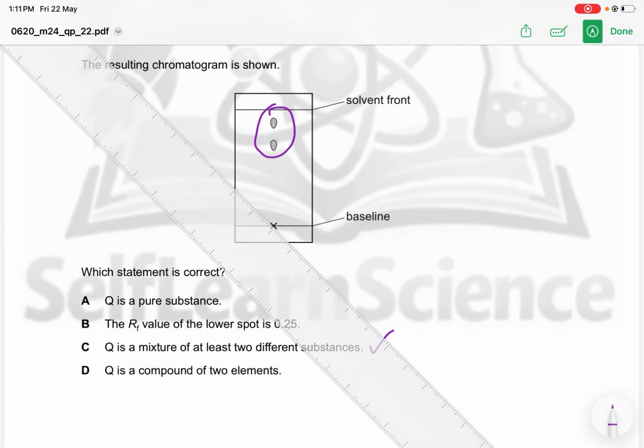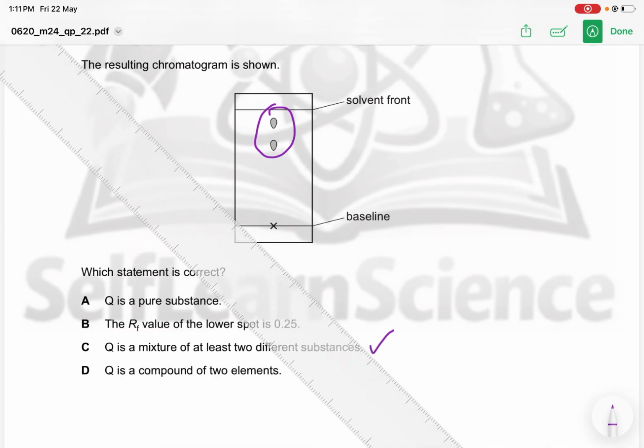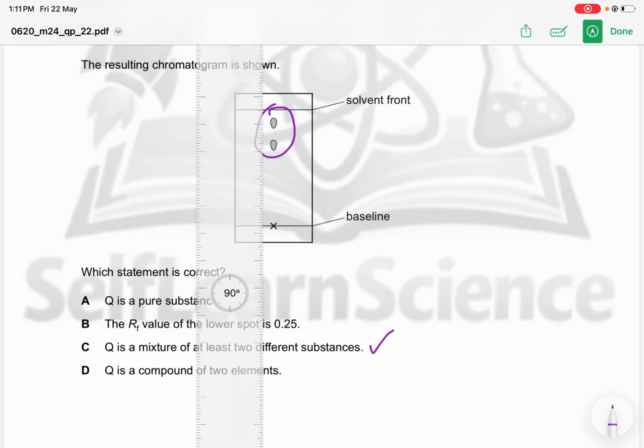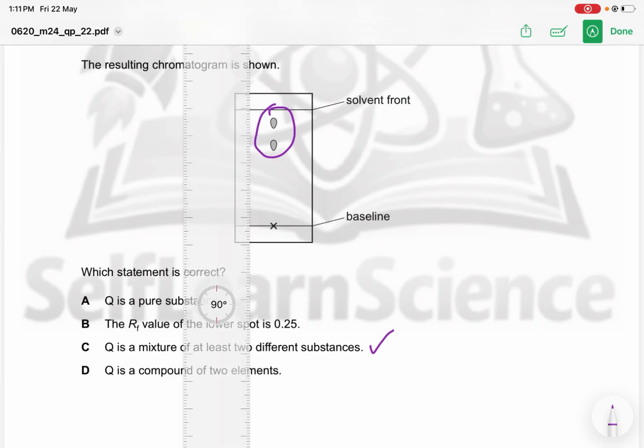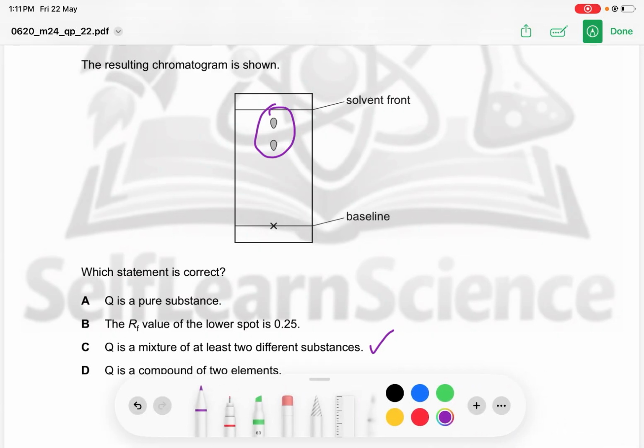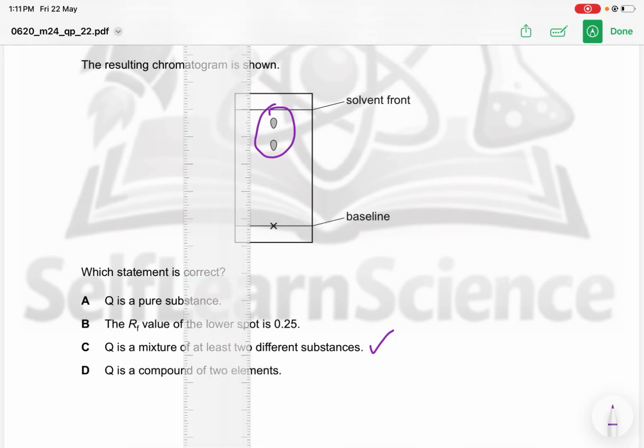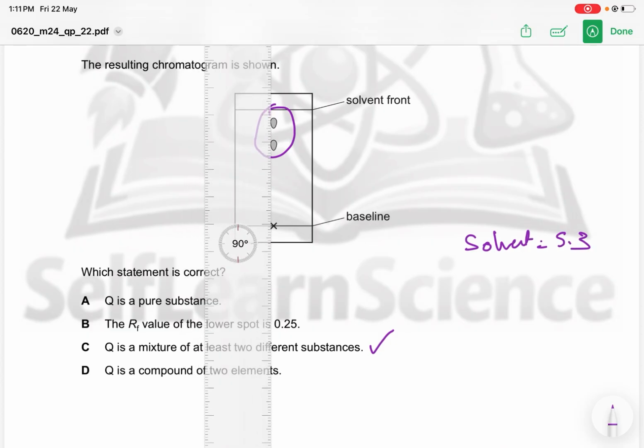So we have our scale here. So in this case, for the solvent we have 5.3, and for the lower spot, from the baseline we have 1, 2 and 3.